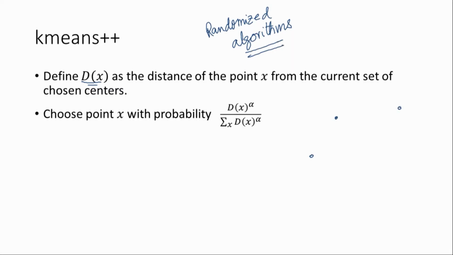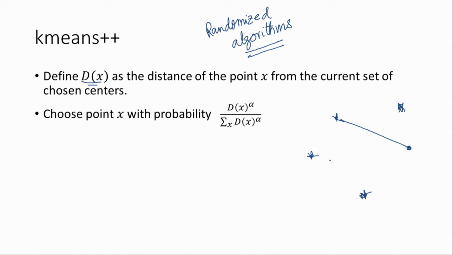I'll just tell you what it is. What we'll say is that these are the 4 centers you have chosen. Now for every point, measure the minimum distance with respect to these centers.